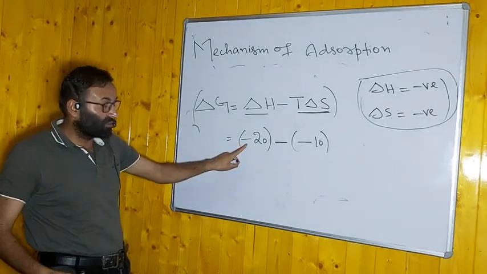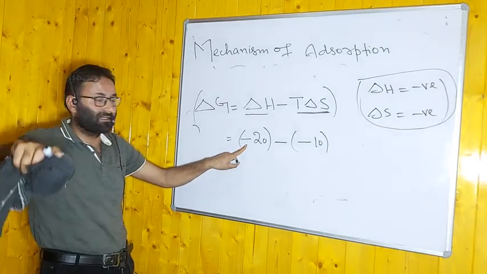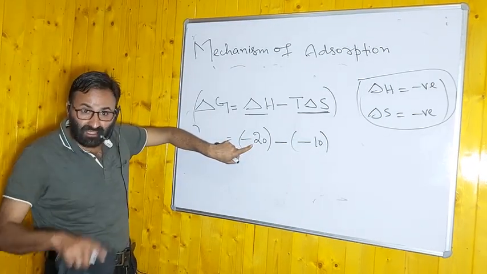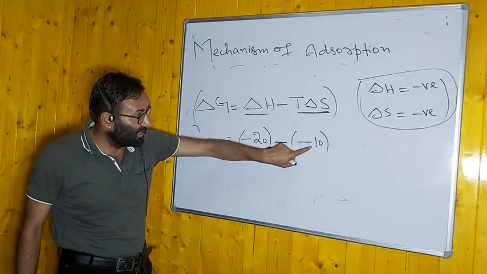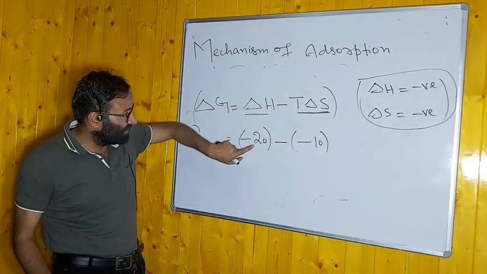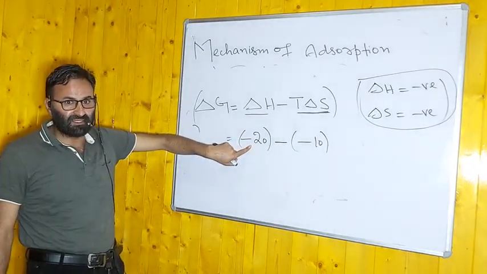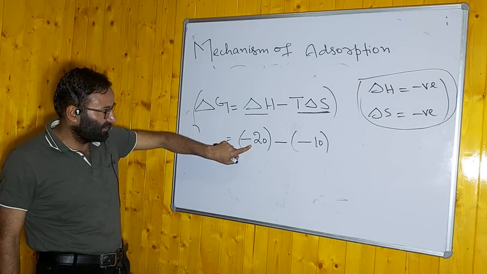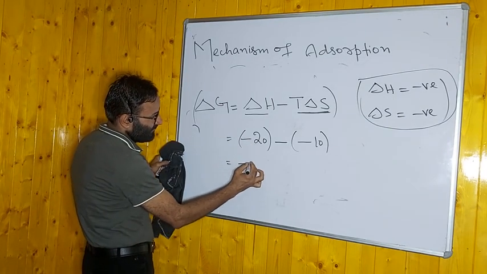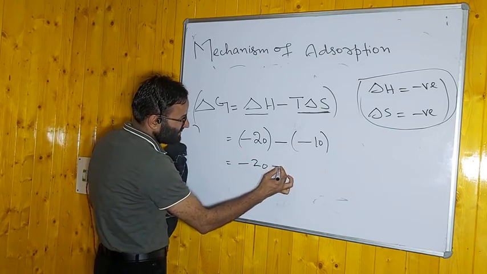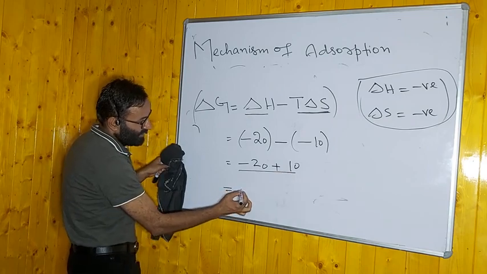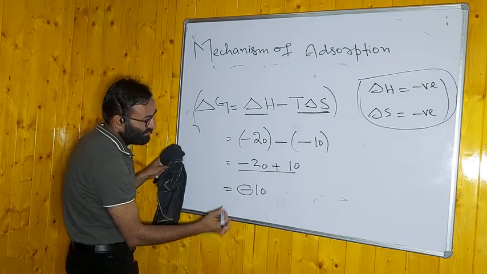Minus 20 means a greater amount of energy gets released, let us say minus 20 kilojoules, while here only minus 10 kilojoules of energy gets released. It is clear that in this case a greater amount of energy gets released. Minus 20 plus 10, if you solve it, you will have minus 10. The sign will be negative.